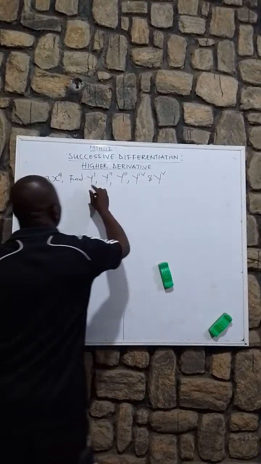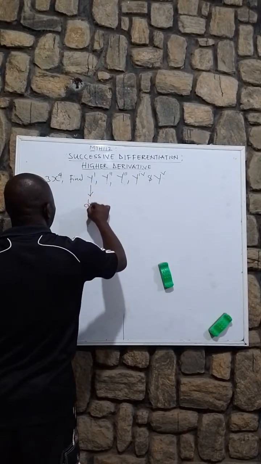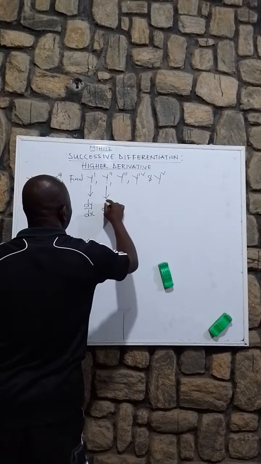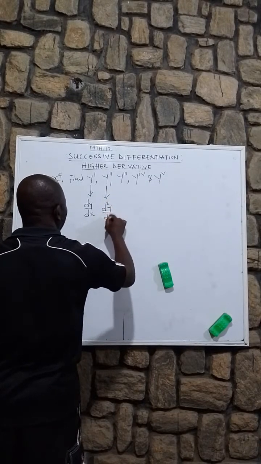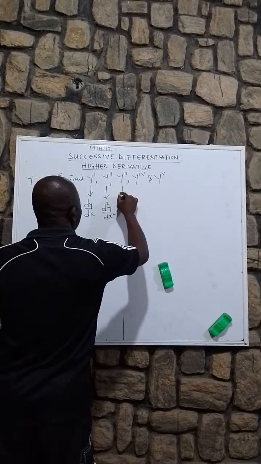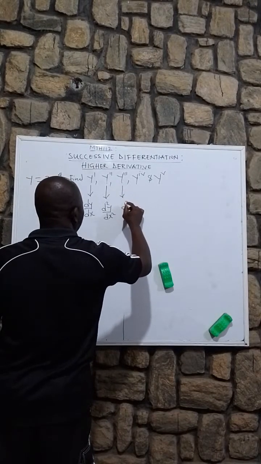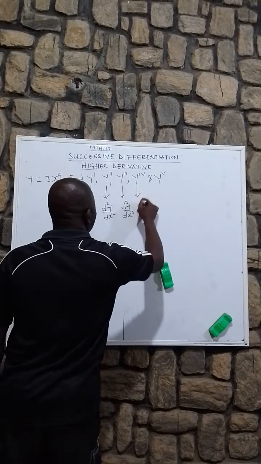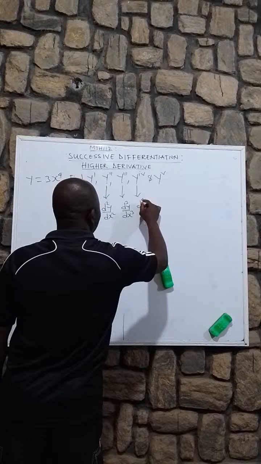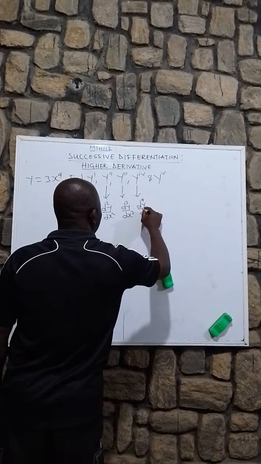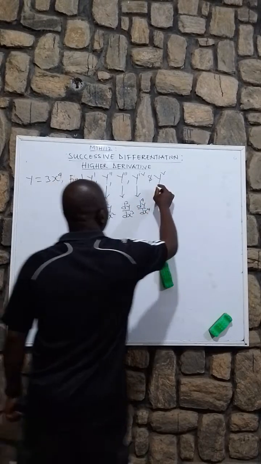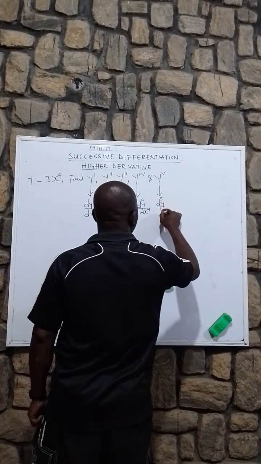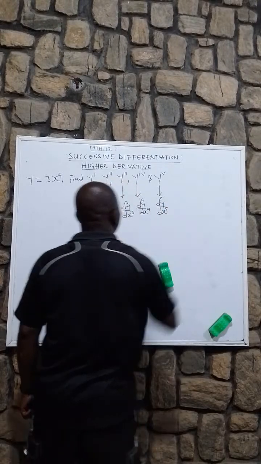You know that y prime is the same as dy over dx. This is the same as d squared y over dx squared. Then this is the same as d cubed y over dx cubed. This is the same as d raised to the power 4 y over dx raised to the power 4, and this is the same as d raised to the power 5 y over dx raised to the power 5.